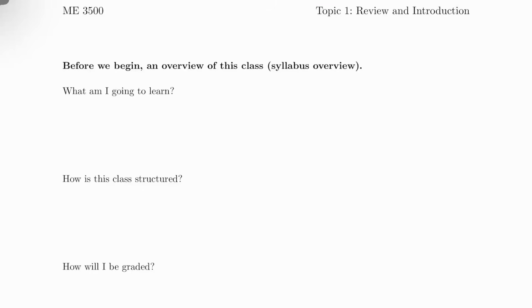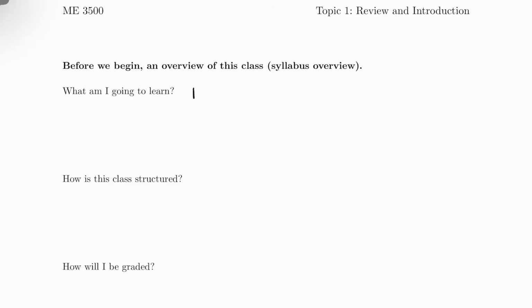Okay, so first of all, what are we going to learn? This is a fluid mechanics and a kind of part two of heat transfer course. So it's going to be divided up like that, just like how 2500 was with thermo and heat transfer.